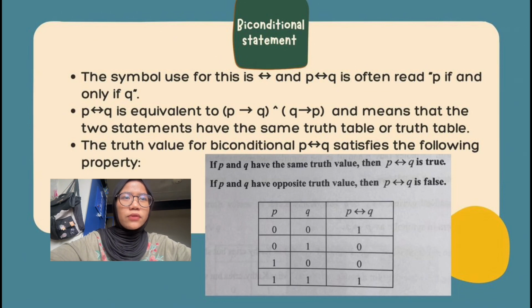The truth value for biconditional P if and only if Q satisfies the following property. If P and Q have the same truth value, then P if and only if Q is true. It is shown in the truth table below.